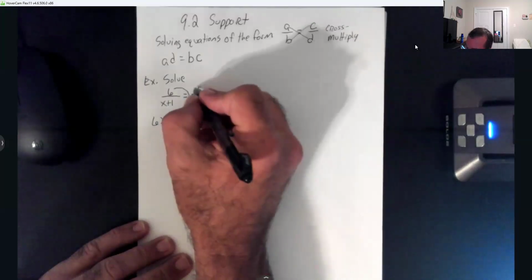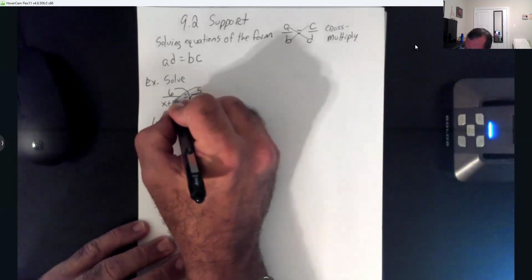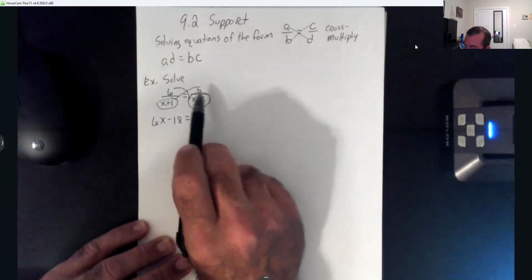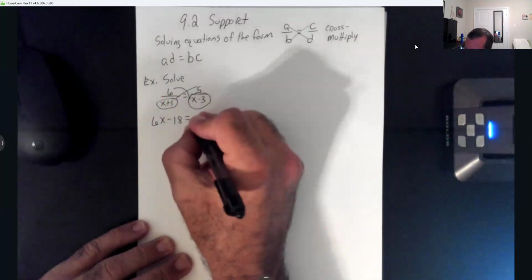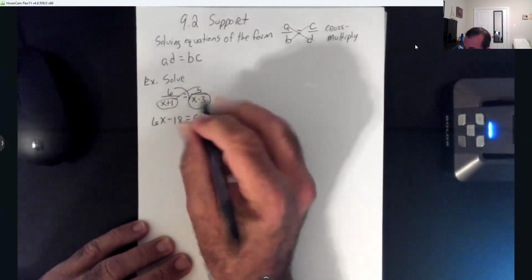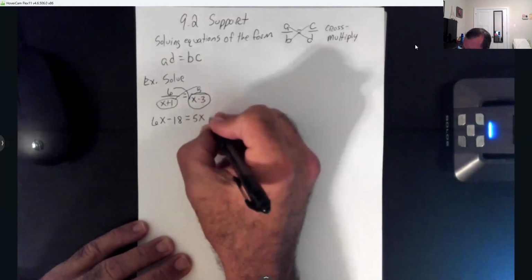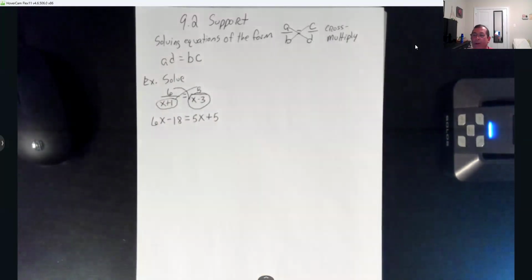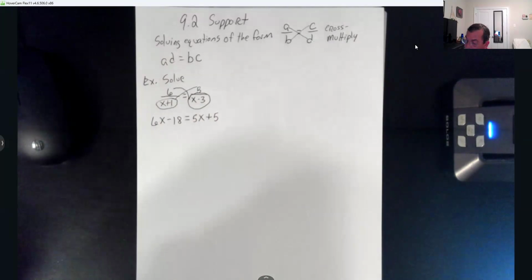On the right side, this 5 is going to multiply by both of those on the left side. So that 5 times x gives me a 5x. And then the 5 times 1 gives me a 5.